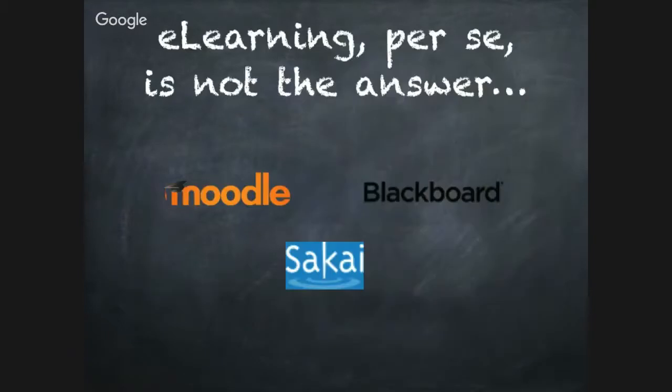E-learning is everything, but e-learning per se is not the answer. I mean, you have encountered Sakai. All of you have Sakai as what Trunk is based on. Apart from Sakai, there's also Moodle and Blackboard. I think those are the three most dominant teaching content management systems. That's all they are.